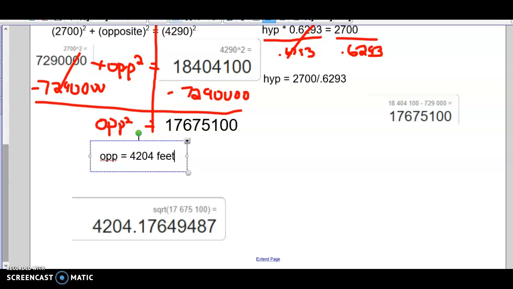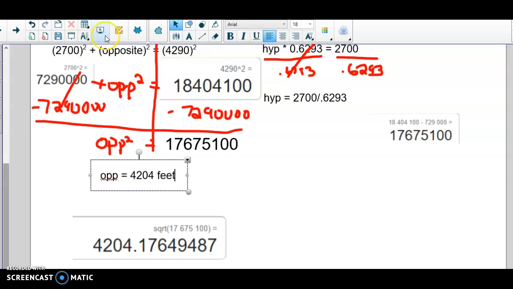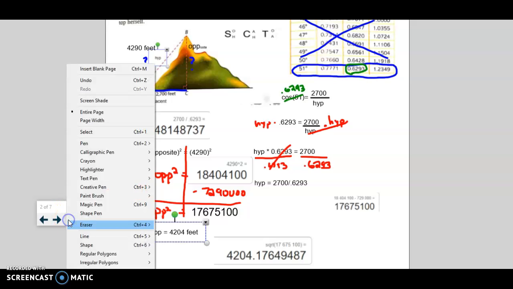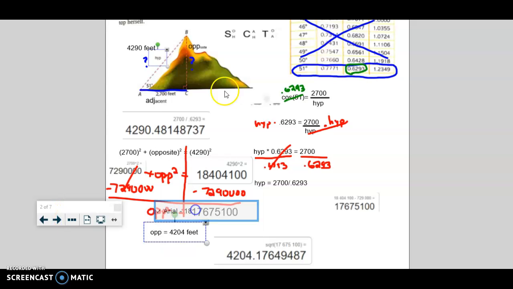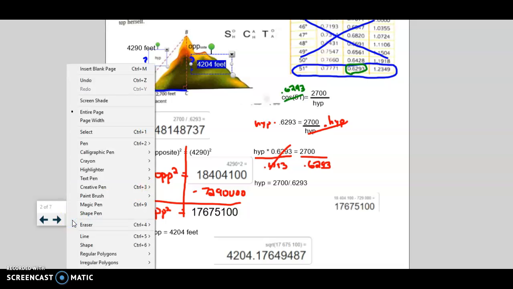Okay, so if I were going to make that bigger, and label that on here, that would go along this opposite side. So the opposite side is 4,204 feet, which you can't even see. This is where I need that Instagram background.